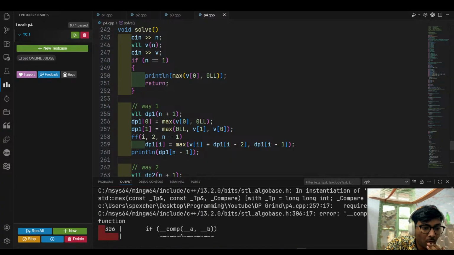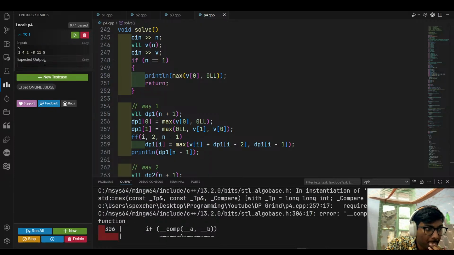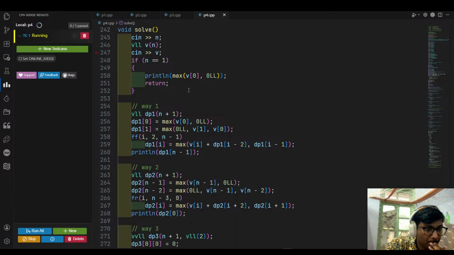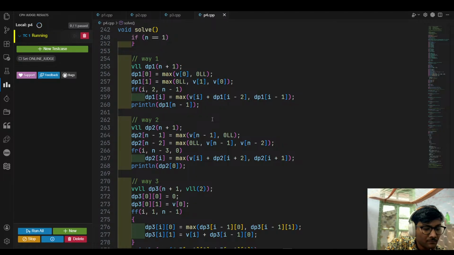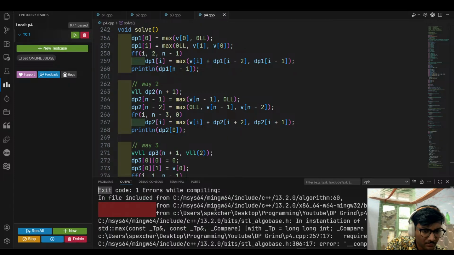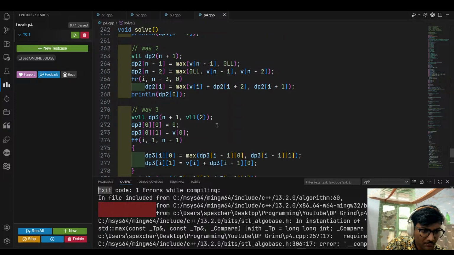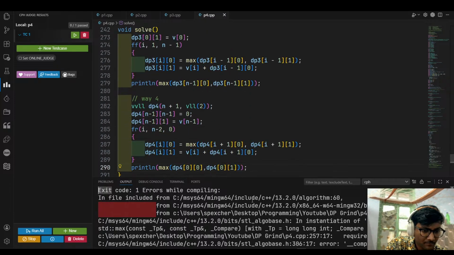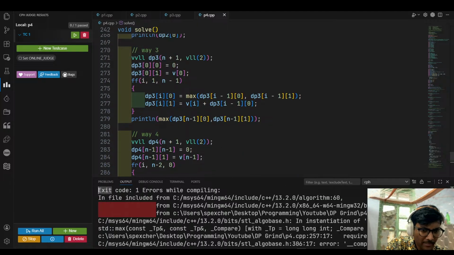Okay, comp cannot be used. Where is it being affected? Line number 20.